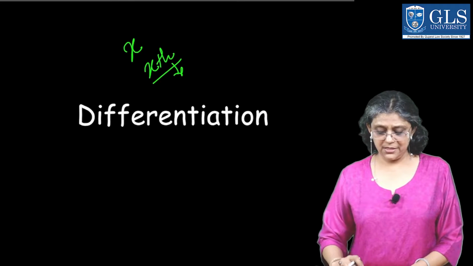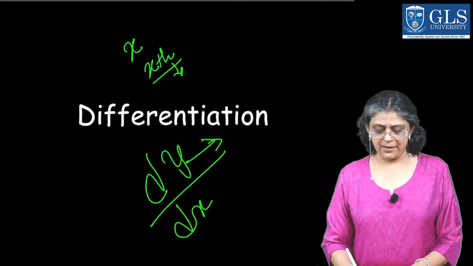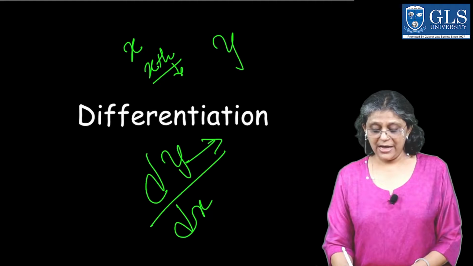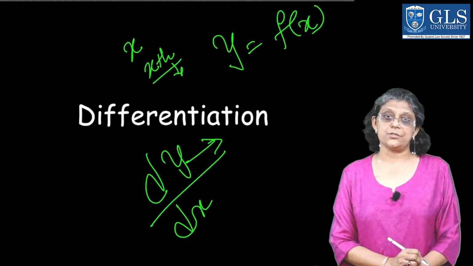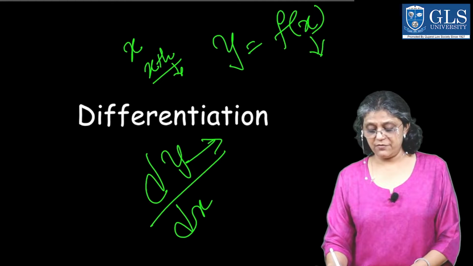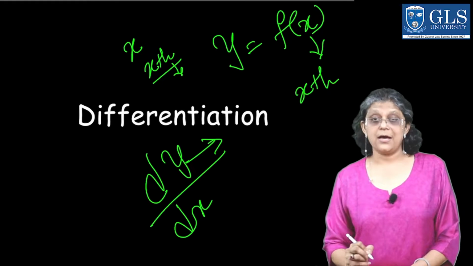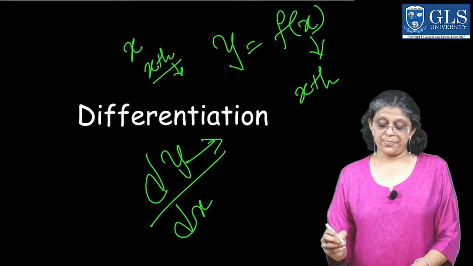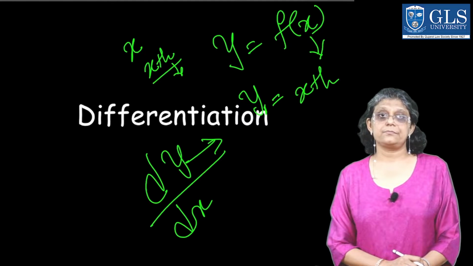To understand this in simple terms, we have d by dx, this is my y. So y is equal to f(x), that is a given function. If there is a little change in the value of x from x to x plus h, there will be a change in the value of y.